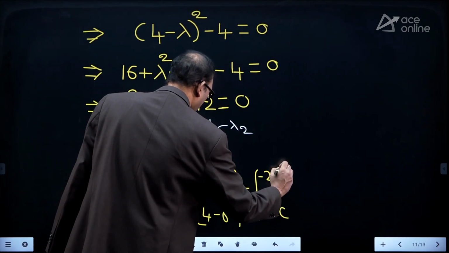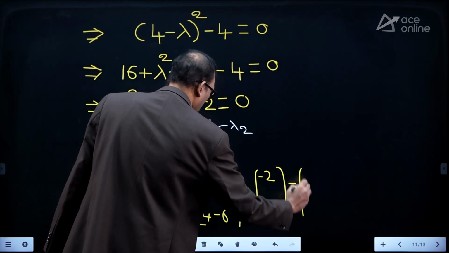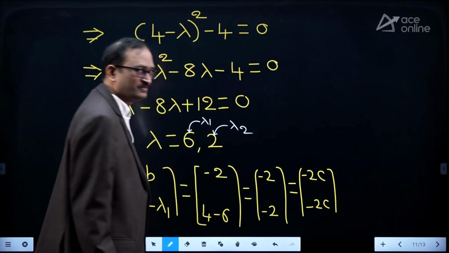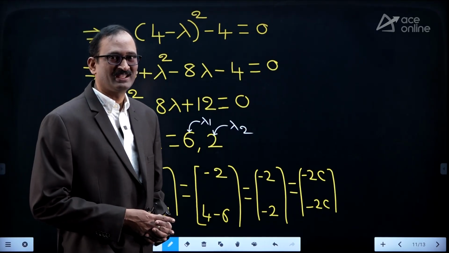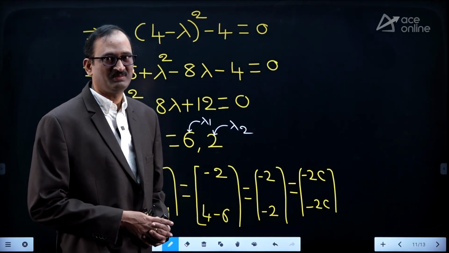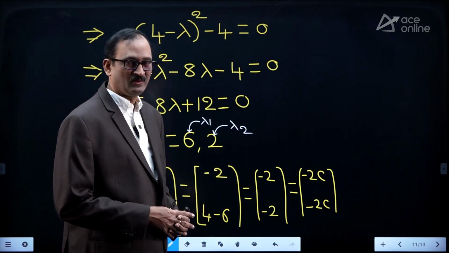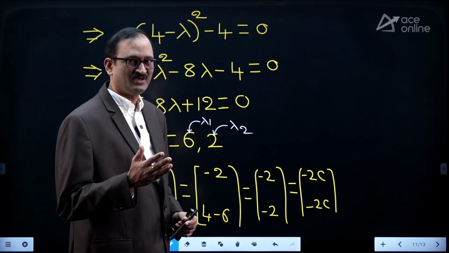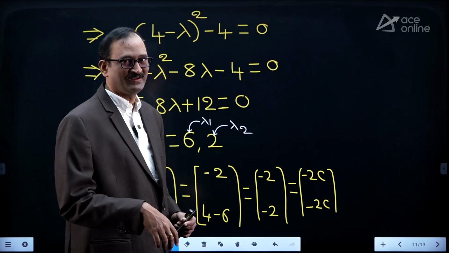My sincere advice to everyone is that your original eigenvector multiplied by any non-zero real number should also be an eigenvector corresponding to the same eigenvalue. Suppose minus 2 is the eigenvector entry. Multiplied by any non-zero real number, it should also be the eigenvector corresponding to the same eigenvalue.